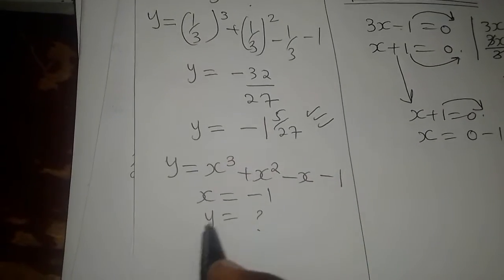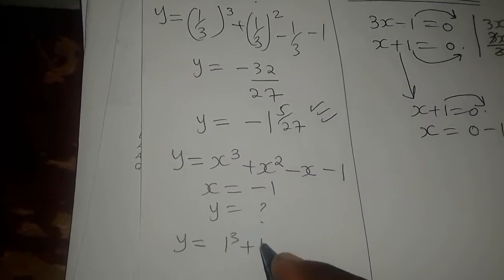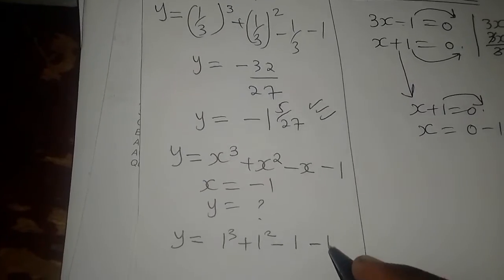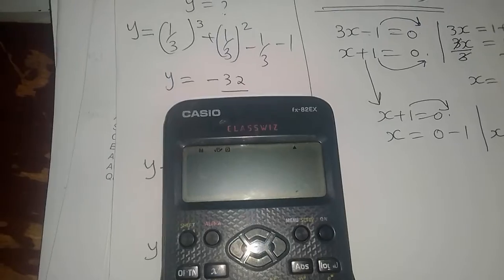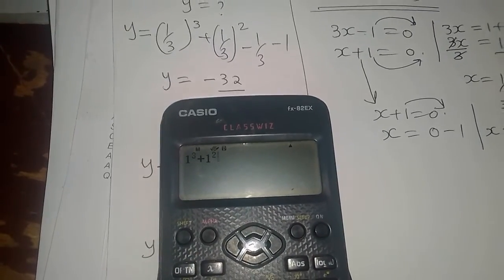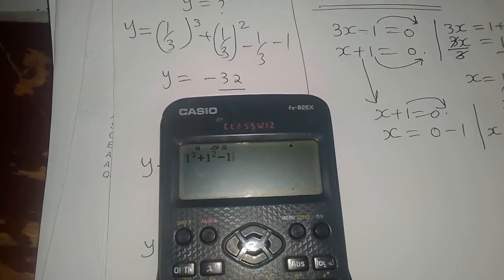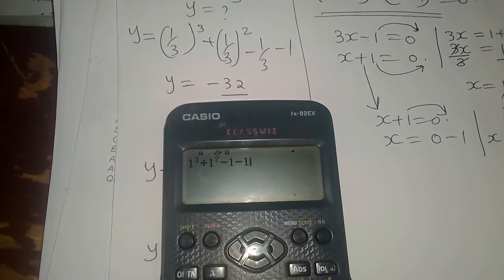So I'll come and replace again. y is equal to 1 cubed plus 1 squared minus 1 minus 1. Okay, so 1 cubed plus 1 squared minus 1 minus 1. So let me just write it.